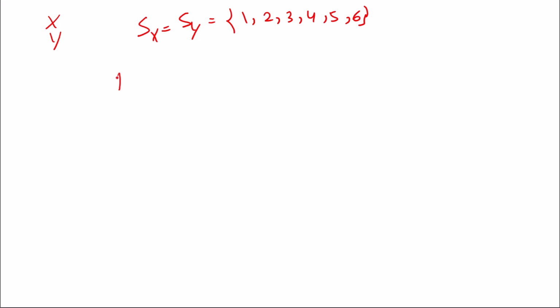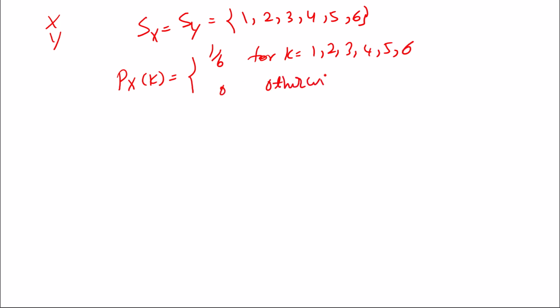Then we say P_X(k) is equal to 1 by 6 for k is equal to 1, 2, 3, 4, 5, 6, and 0 otherwise. And similarly, we can write the same thing for P_Y(k).